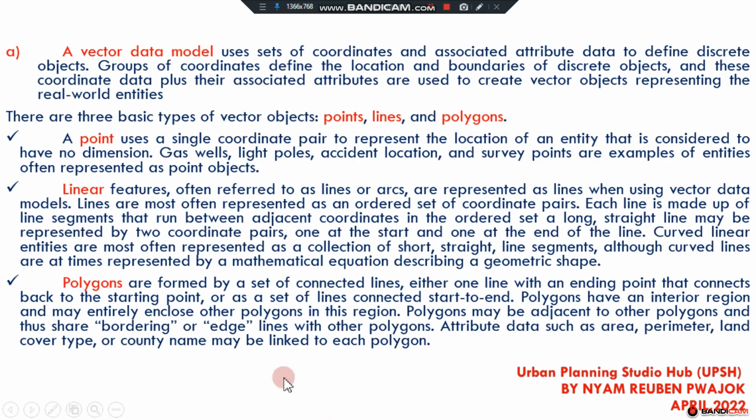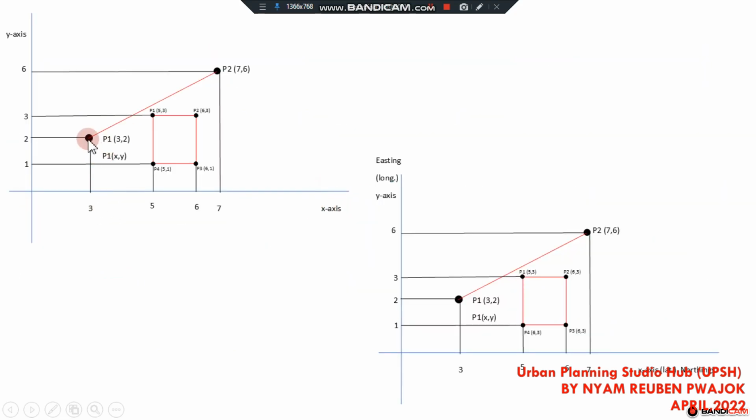Now let's go back. A line feature or linear feature, often referred to as a line or arc, is represented as a line when using vector data models. Lines are most often represented as an ordered set of coordinate pairs. You see here we have a point P1, and we also have another point called P2. Two points on any spatial location make a line.